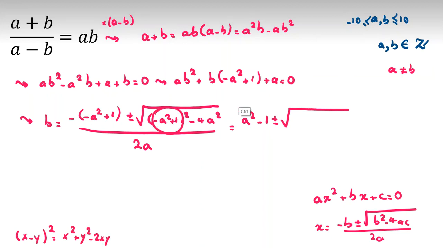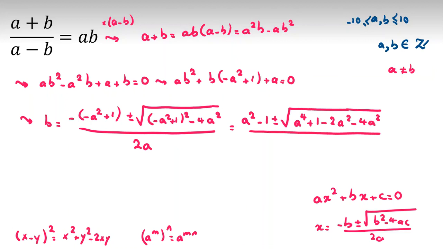And another thing: a to the power of m to the power of n equals a to the mn. So it is (a squared) squared, which is a to the 4, plus 1 squared is 1, minus 2 times a squared times 1, minus 4a squared, all over 2a. And it should be a perfect square.